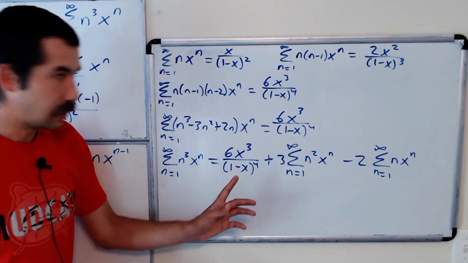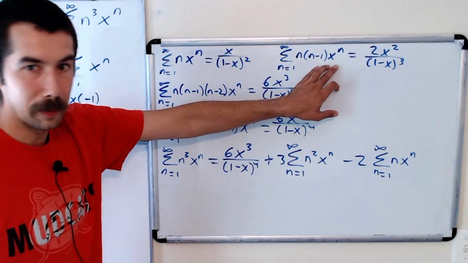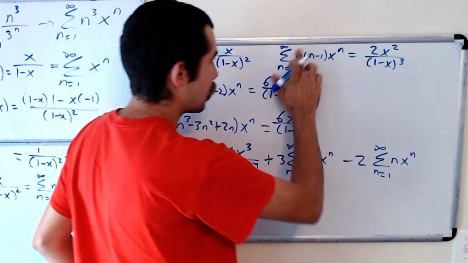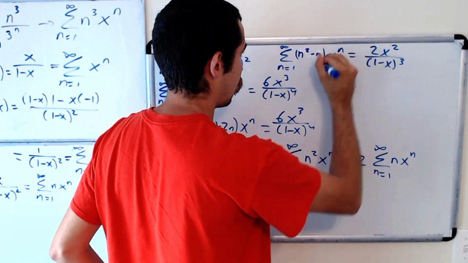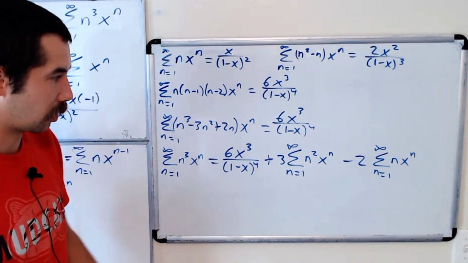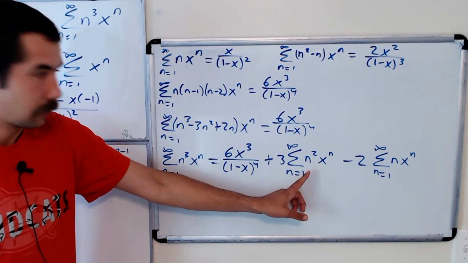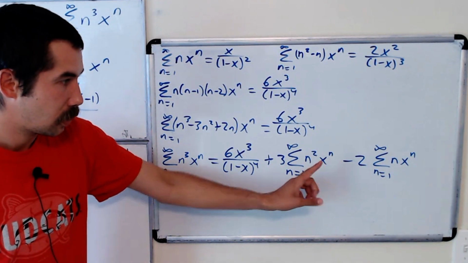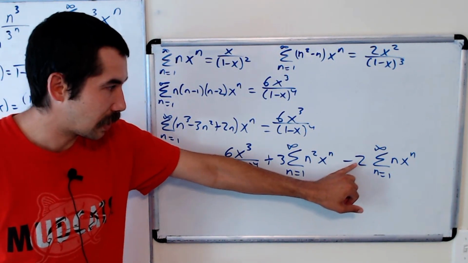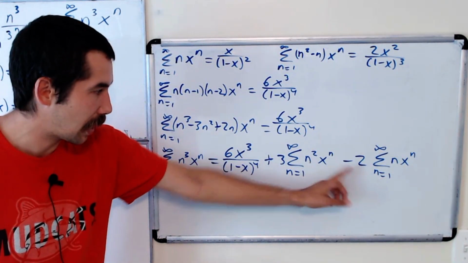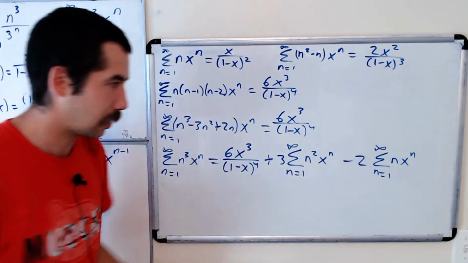Okay, and so we're going to want to use this term here, but n squared minus n times x to the n gives us this formula. Here we just have n squared. So what we could do is change this 2, instead of having minus 2 times this term, let's make it minus 3, and then we'll have to add a copy of it.